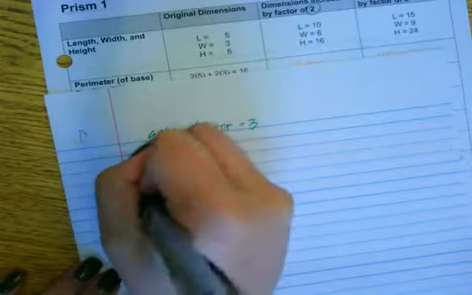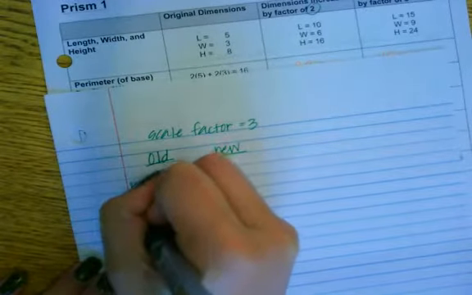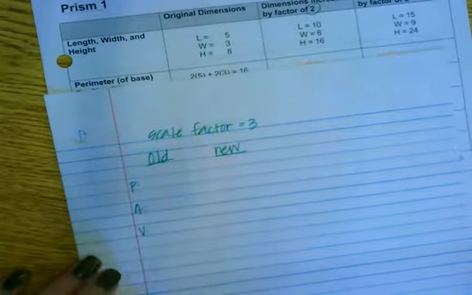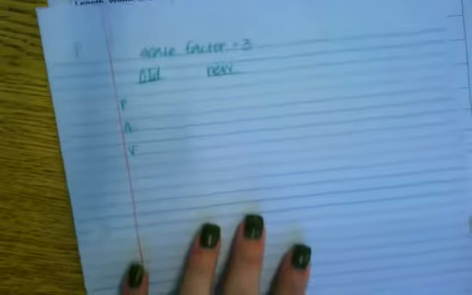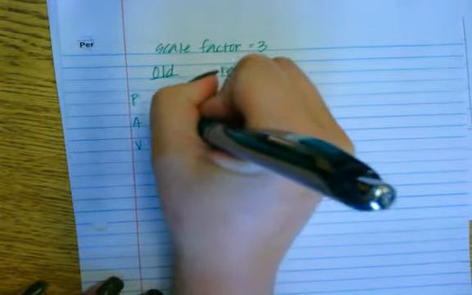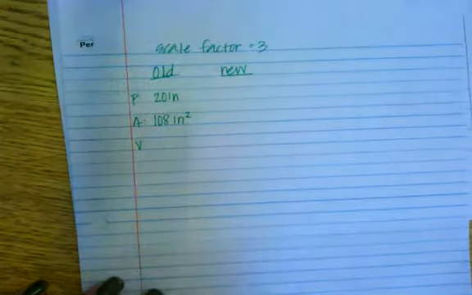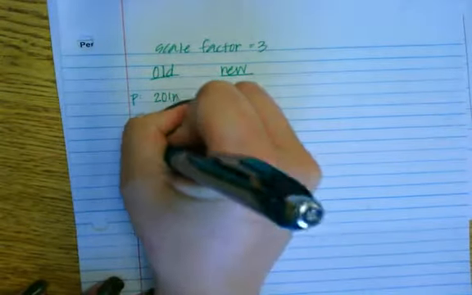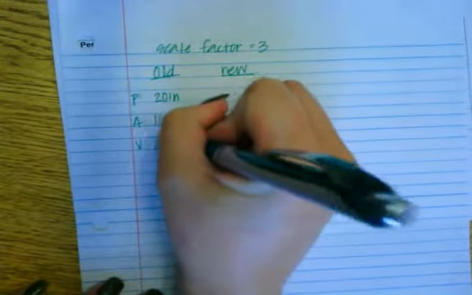I'm going to give you a perimeter, an area, and a volume. My current perimeter is 20 inches. My current area is 108 inches squared. And my current volume is 220 inches cubed.